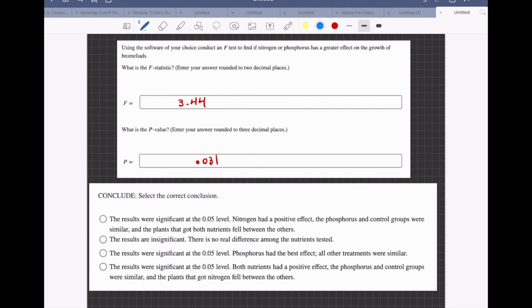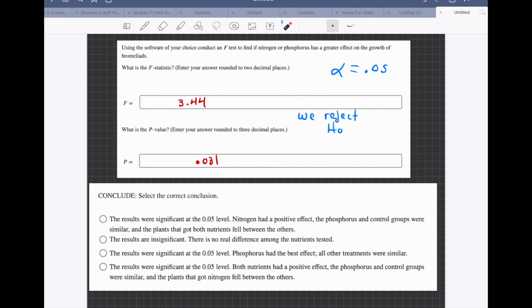Use alpha equal to 0.05. So what are the conclusions? Do we reject H0? Yes, we reject H0. Why? Because the p-value is less than alpha.